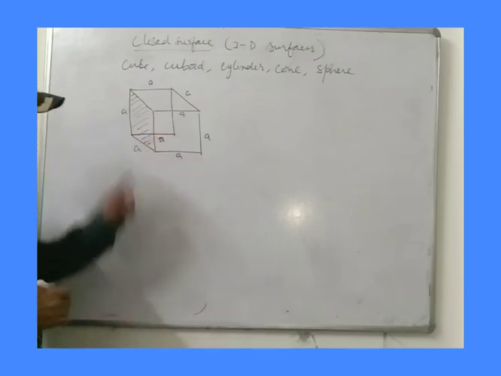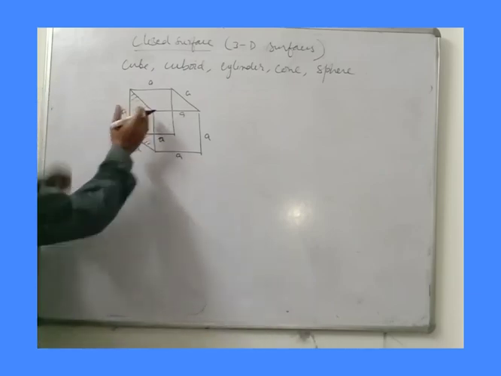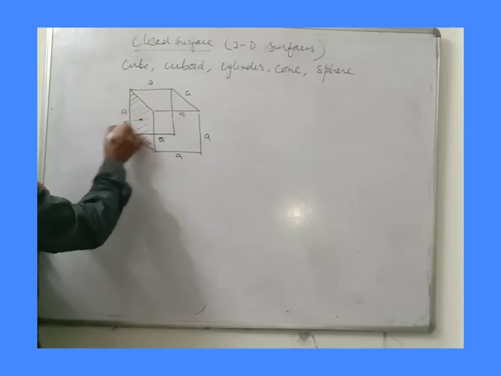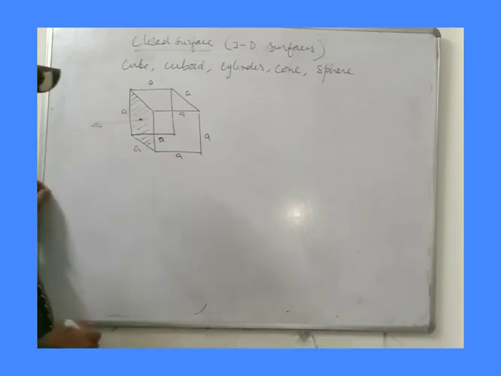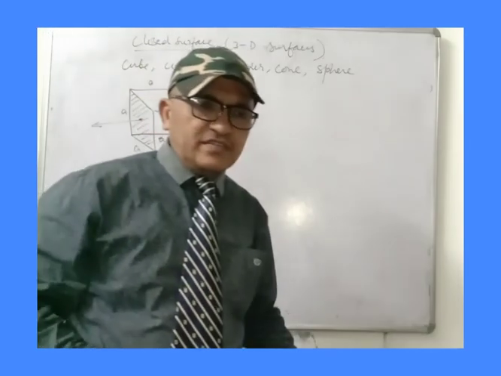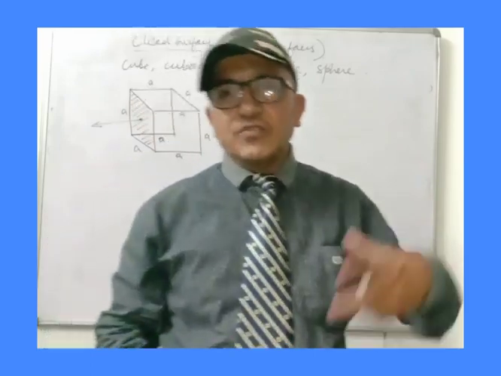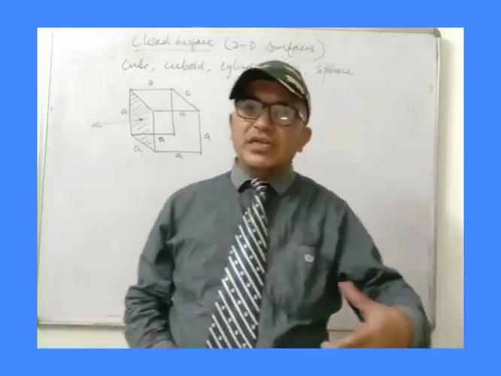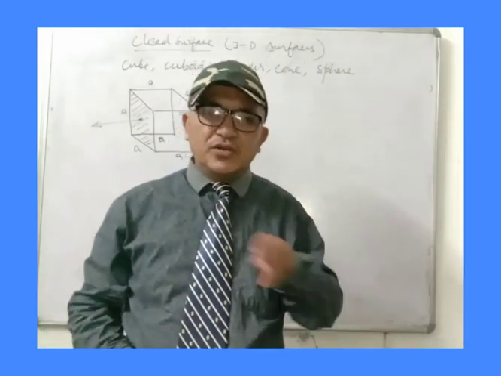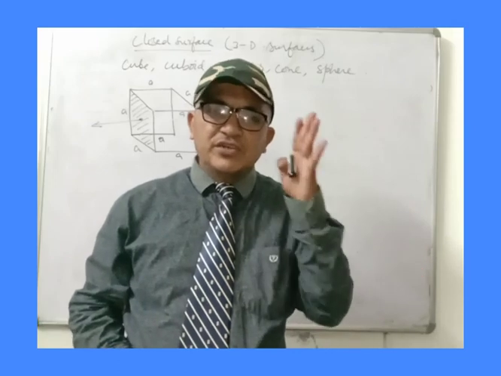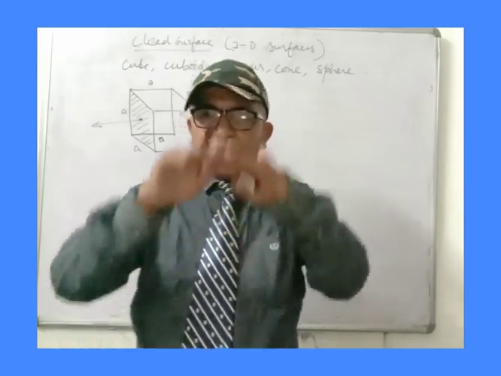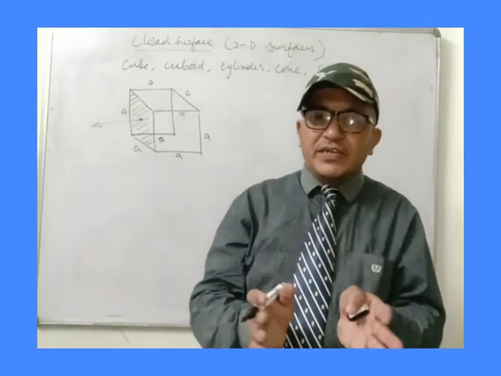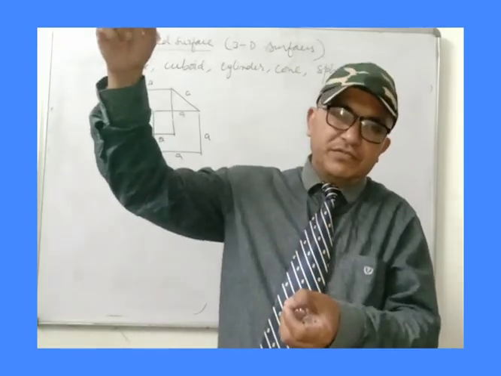How many faces? 6 faces. This side face area vector will be normally outward. In case of closed surface, the area vector is only normally outward, not inward. It is not like the open surface. For closed surface, the area vector will be normally outward.